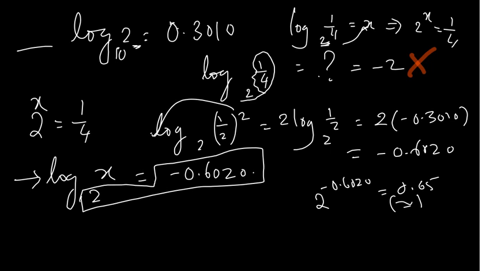So this is what I am asking. When I have 2 to the power of x equal to 1 by 4, then obviously we write this. I'm doing this on the next page. I got 2 to the power of x equal to 1 by 4.